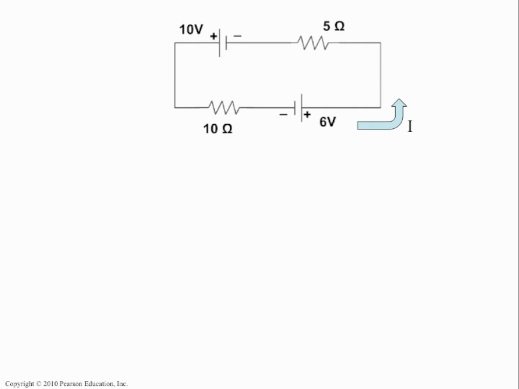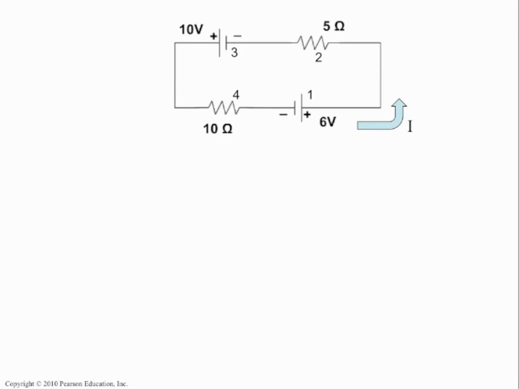And the reason that's a reasonable guess is because conventional current always goes away from the positive terminal, because conventional current is the flow of positive charge. And if you look at it, well, the 6-volt battery, obviously the current's going to be going to the right, and so it's going to continue up counterclockwise over the loop, and then when it encounters the 10-volt battery, it's going to do the same thing. And so this really is the most reasonable guess we can make as to which direction the current flows.